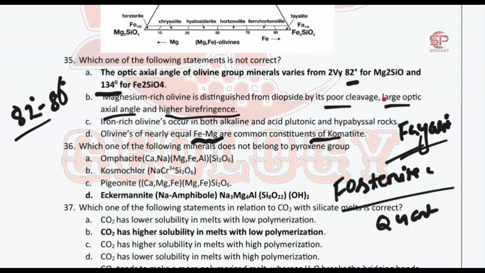And magnesium rich olivine has a large optic axial angle, but the birefringence of these two is nearly the same. So you have to review this question again. The next class we'll review this again.